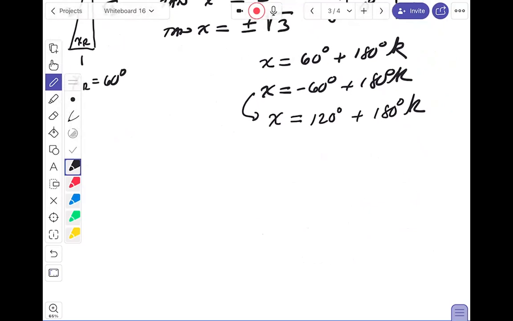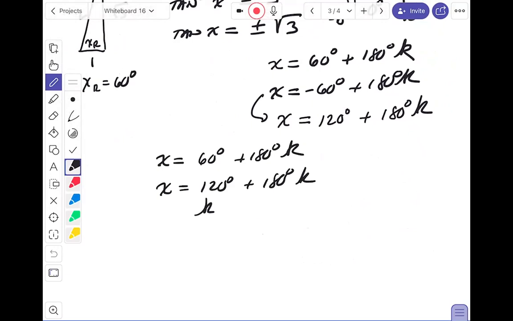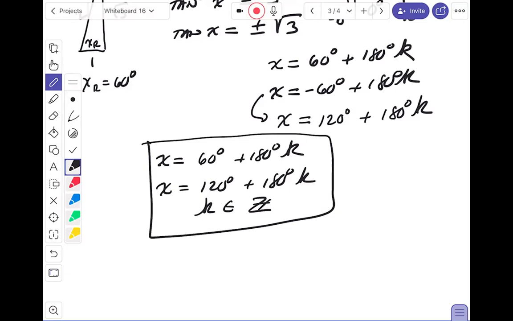I'm going to write the answer down for you now. There's 2 answers. So X equals 60 degrees plus 180 degrees K. The other answer is X equals 120 degrees plus 180 degrees K. Understanding K is some integer value. Put a box on this. I'm going to put the radian down for you.